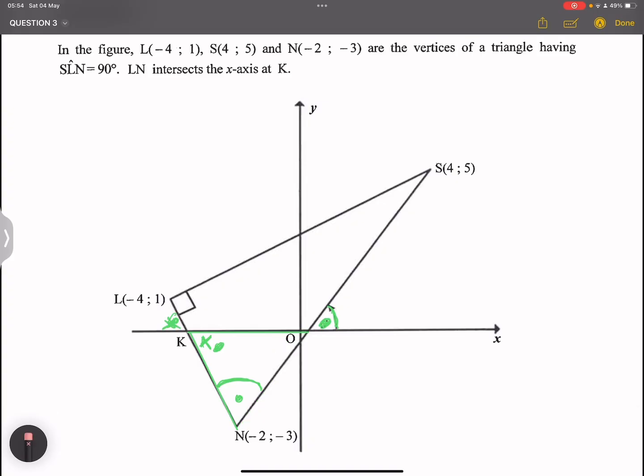We already know the angle theta, which is 53.13. All we need to get is that other angle, so let's do that first.